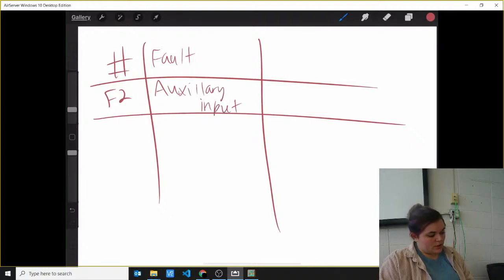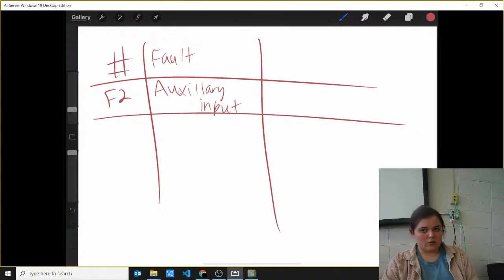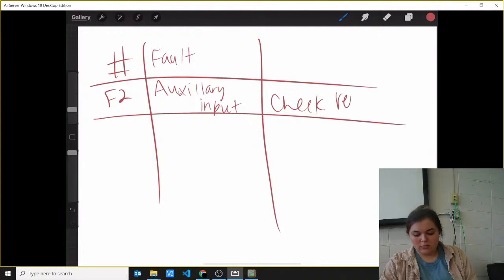And in your description, while you're programming that, you would want to put something that is a hint of what could be going wrong. You would want it to be like check remote wiring, right? So that would tell you exactly which wiring to check when that fault comes in.